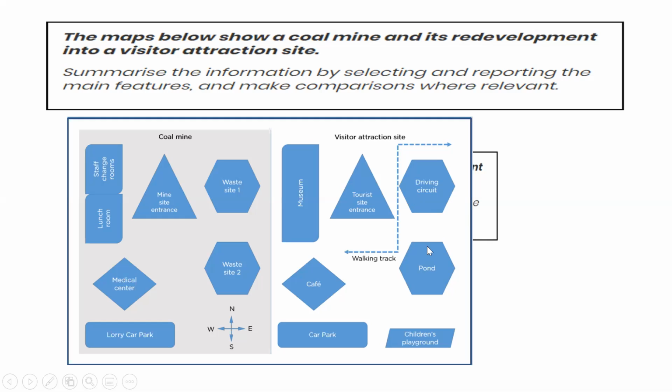The buildings, you see that they are the same, but they are being used for a different purpose right now. And the car park are still the same, and they are car parks, but a children's playground is added in the far southeast side. So this is it about the differences.